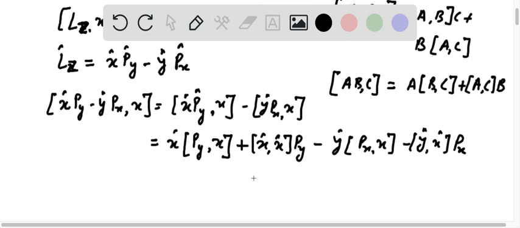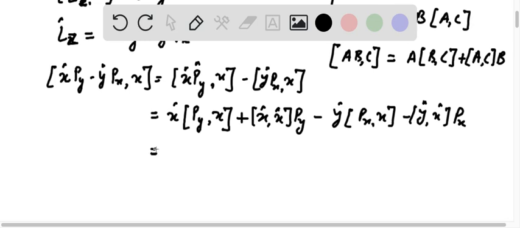Now as we know, the commutation relation of py with x is 0, so this part is 0 and this part is also 0, minus y and [px, x], that is minus iħ, and this is also 0.